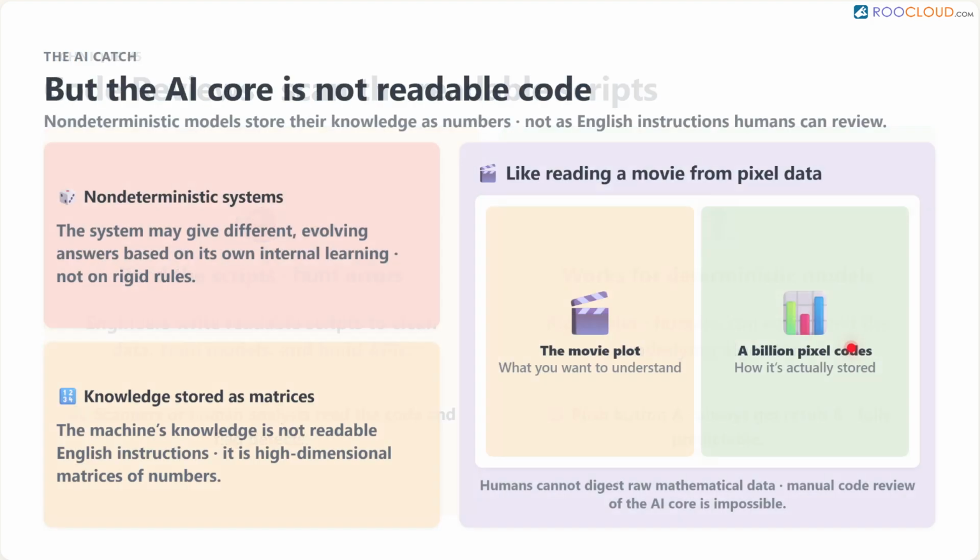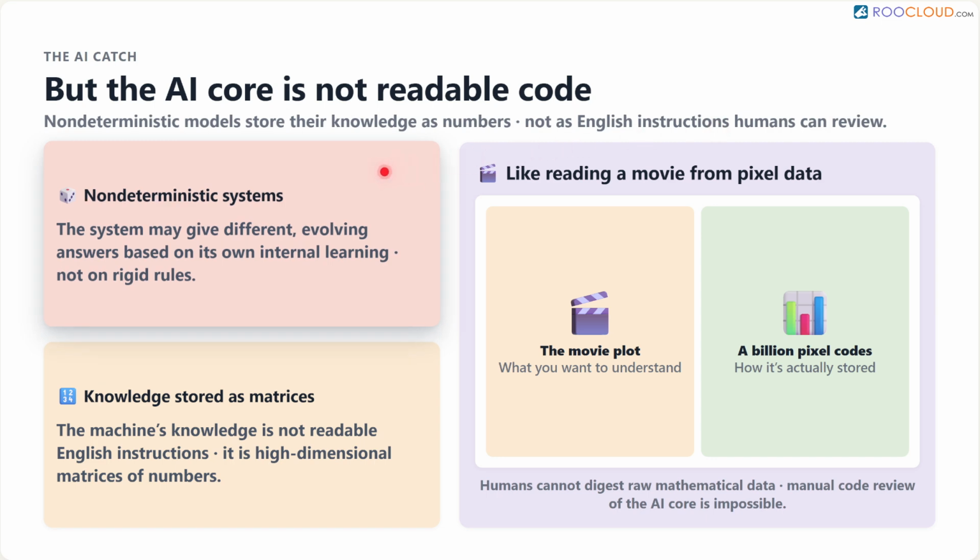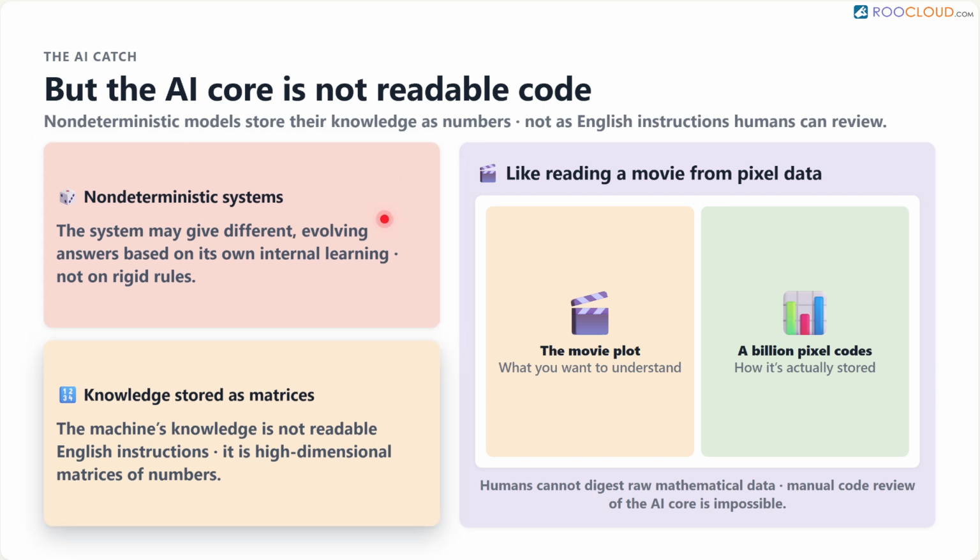However, traditional code reviews are nearly useless for the core decision-making logic of large, complex, non-deterministic models. Non-deterministic means the system might provide different, evolving answers based on its own internal learning. You cannot review the code because the machine's knowledge is not stored as readable English instructions.